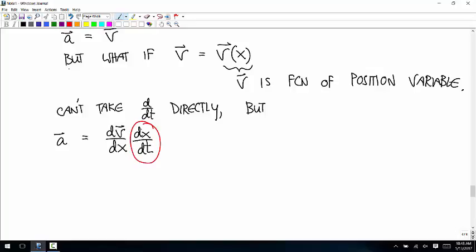And if you take the time derivative of a position variable, you get a velocity variable out. This is a velocity component. Okay, so using the chain rule, you take the time derivative of the velocity vector without knowing what the velocity is as a function of time. It's going to be a really useful thing.